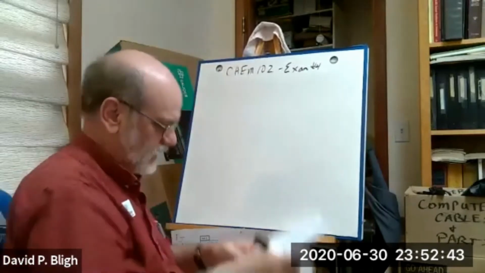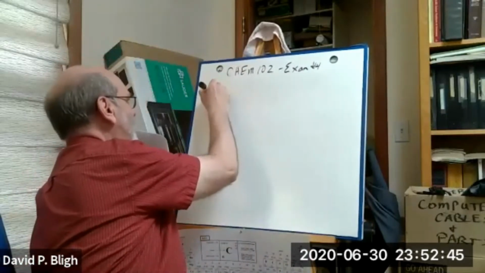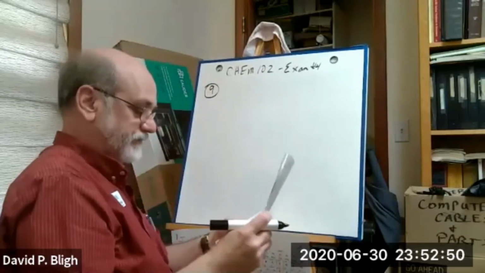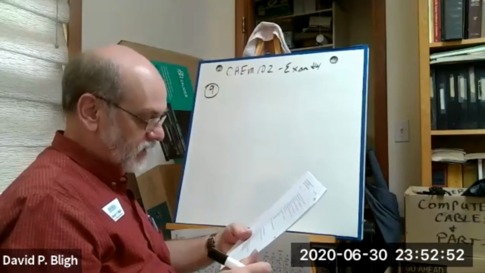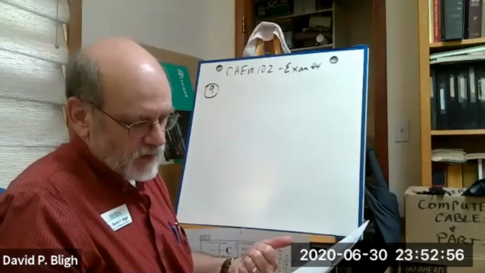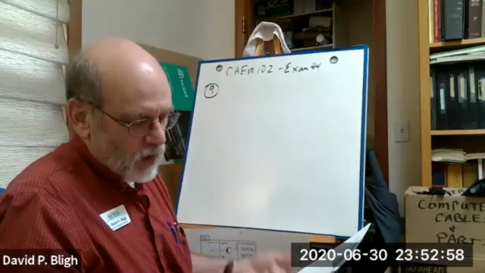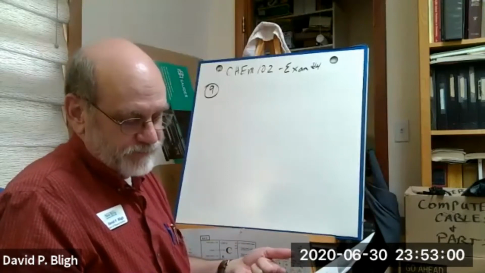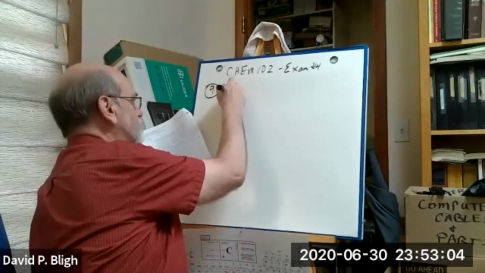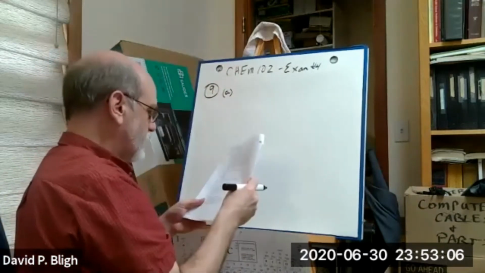Number 9. Which of the following statements are true? Okay, so we got to look at all of them, because D says at least 2 of the statements are true. E says all of the statements are false. So we got to look at A, B, and C, and determine whether they're true or not.